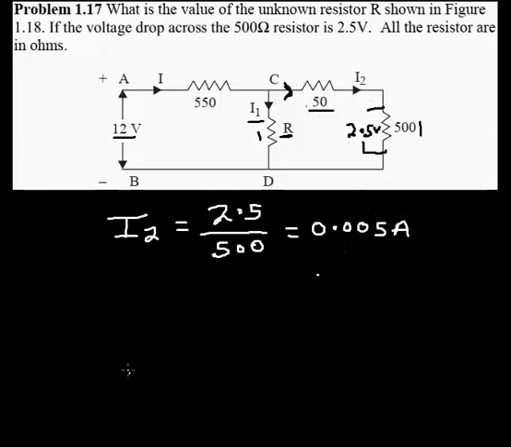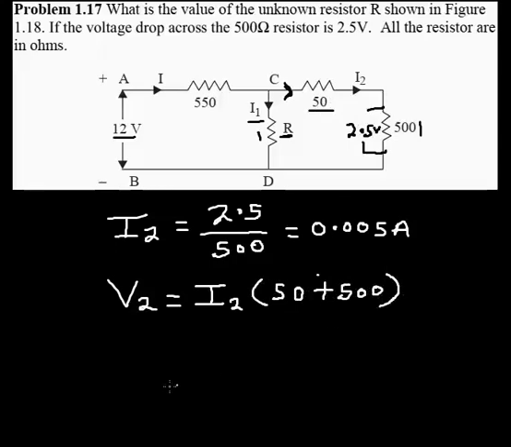So that way I can get the voltage for the second branch. Let me call that voltage V2. The voltage across the second branch, according to Ohm's law, is the current I2 multiplied by the total resistance in that second branch, which is 50 plus 500. Remember, they are connected in series, so I have to add them up. So V2 is equal to I2, 0.005, multiplied by 550.